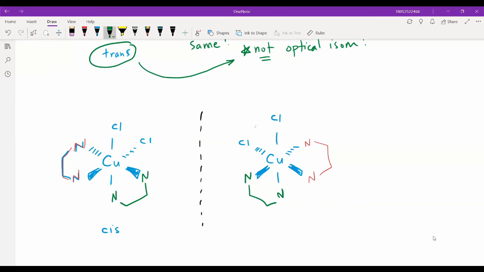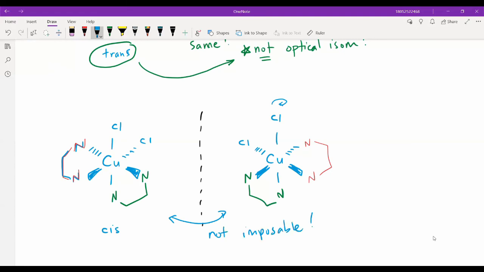But if you take out the one on the right and try to rotate it around, it will not superimpose on that. I can spin this in whatever way I want or flip it around, any kind of transformation, and these are not superimposable.